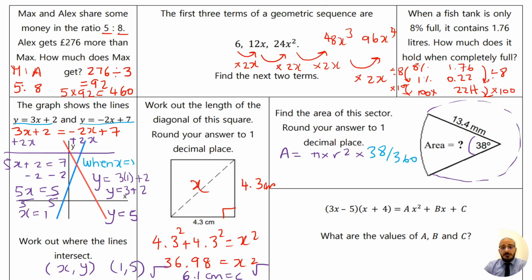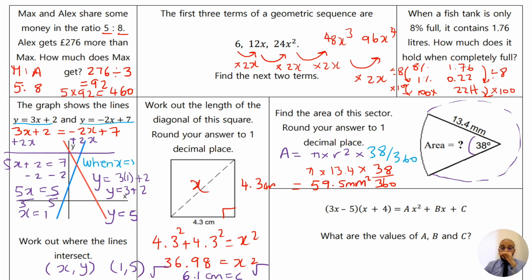So what we have here is pi times 13.4 squared, and then we're going to need to times that with 38 out of 360. Which gives me 59.5 millimeters squared.